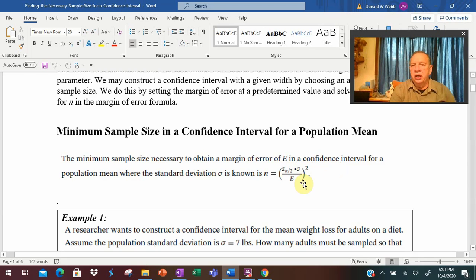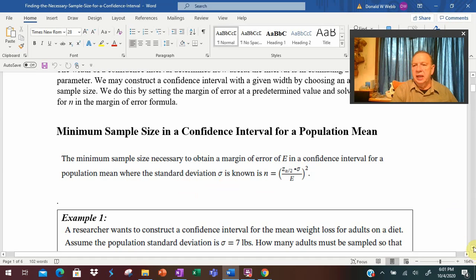And this is just one for a population mean. If you know what the population standard deviation is, this is kind of odd, that you don't know the population mean but you know the population standard deviation. This is one of those cases where things have changed, and the population standard deviation is probably going to be somewhat the same, but the population mean has shifted, and this is when you're going to use that.